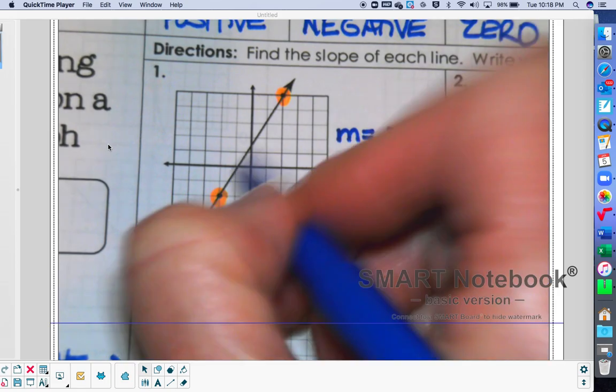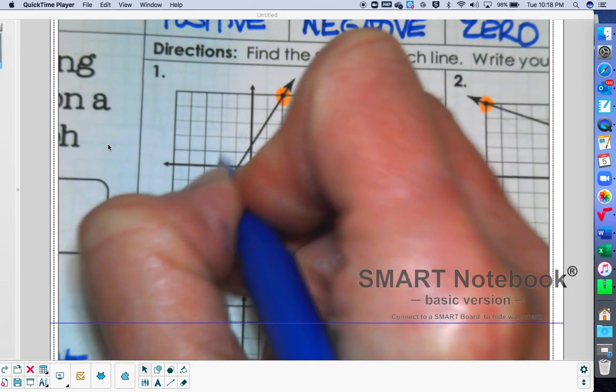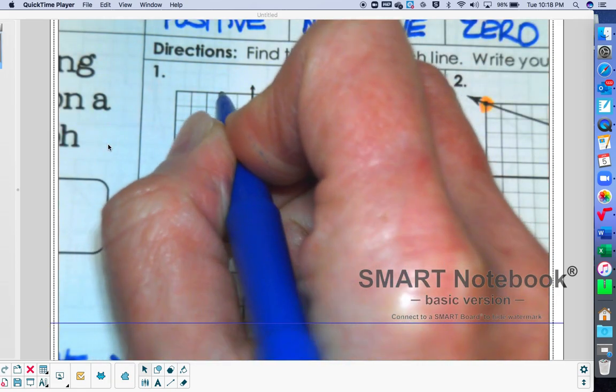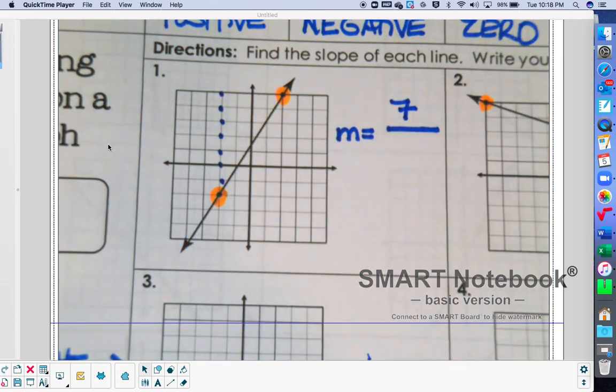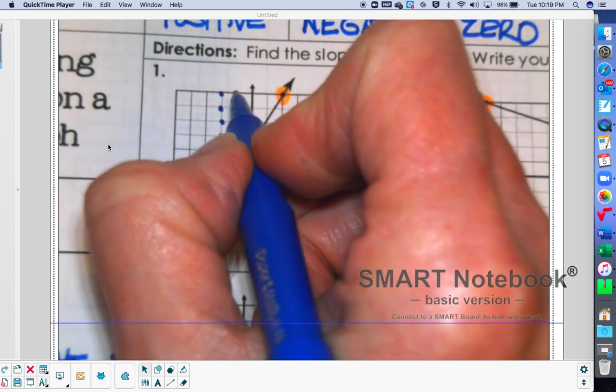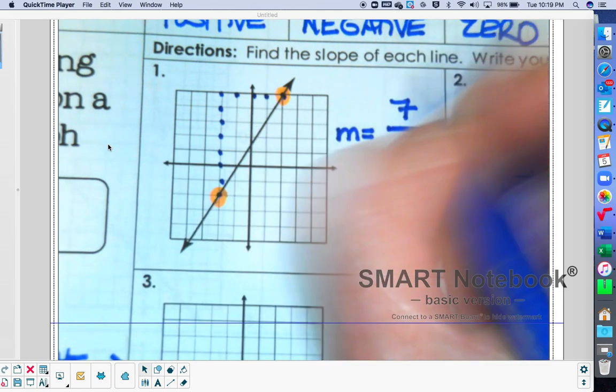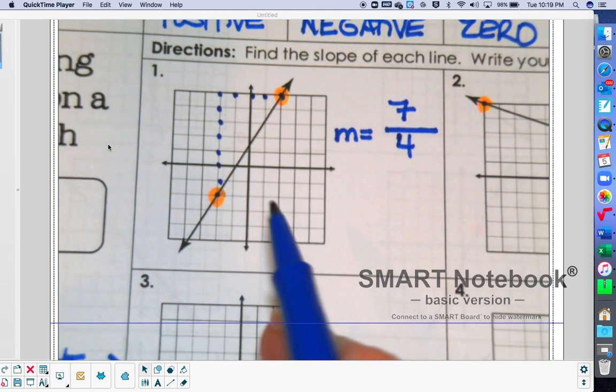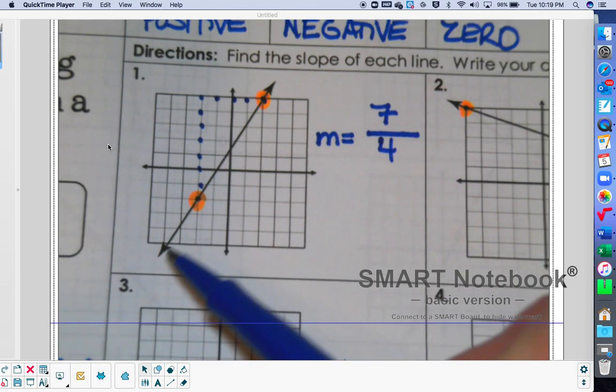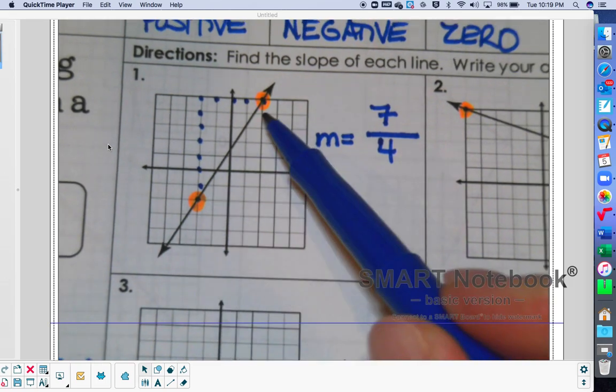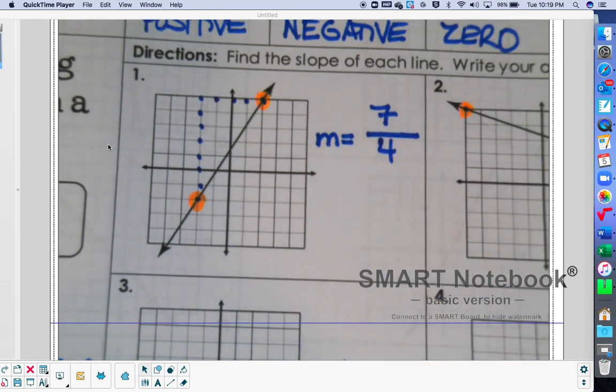So I'm going to count between the 2 points. So I'm getting a numerator of 7, and then I'm going to count over. 7 over 4. I see that this line is climbing as I move from left to right, so this slope is positive 7 over 4.